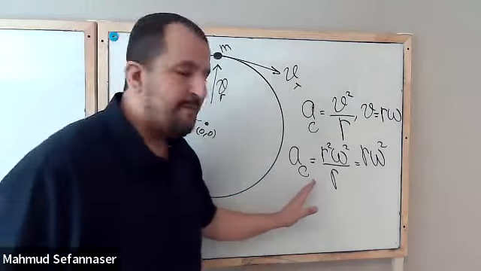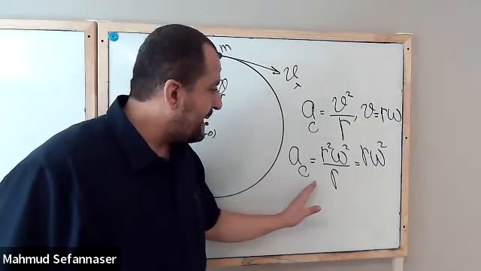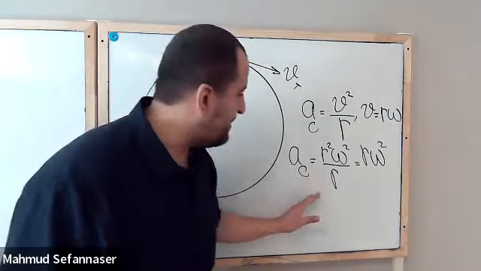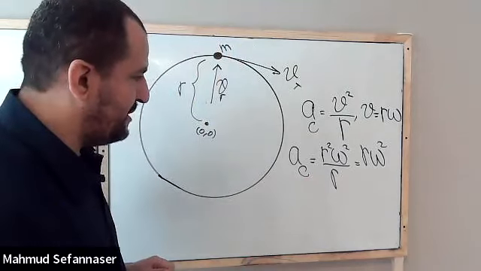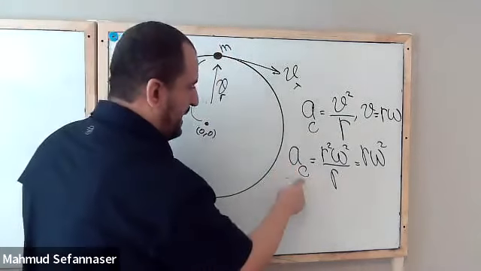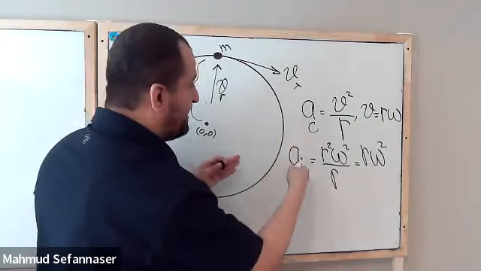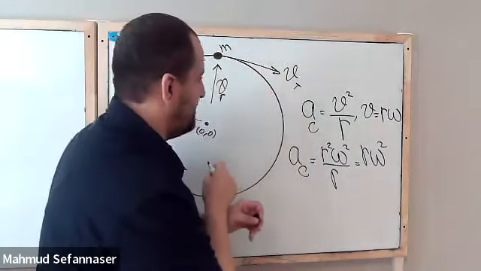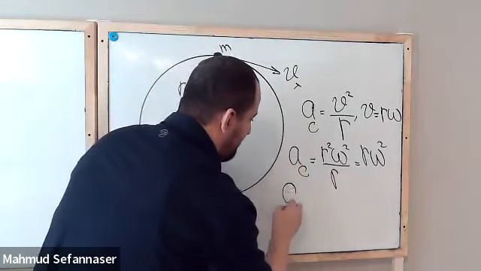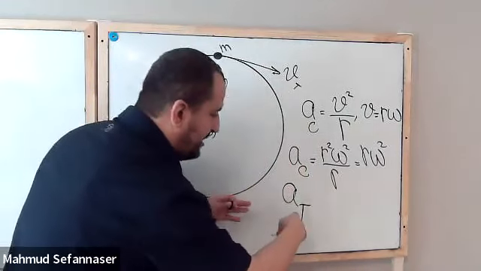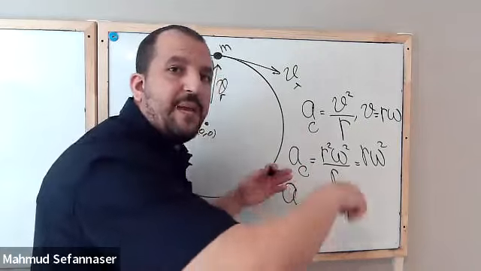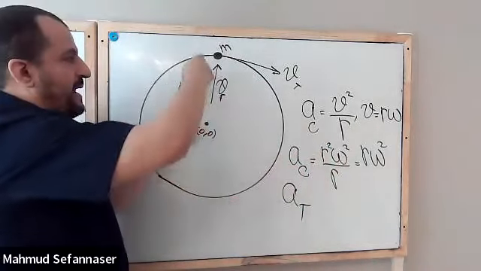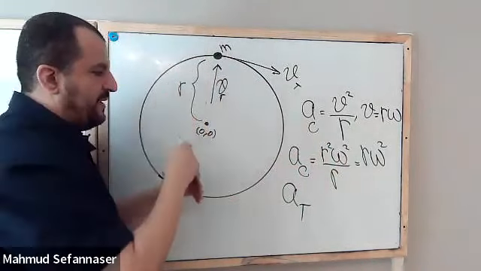Now, if we try, guys, to consider another acceleration, so this is called centripetal acceleration. It was created by changing the direction of the tangential velocity. Now we will consider another acceleration, which is tangential acceleration, that can be created by changing the radial velocity.